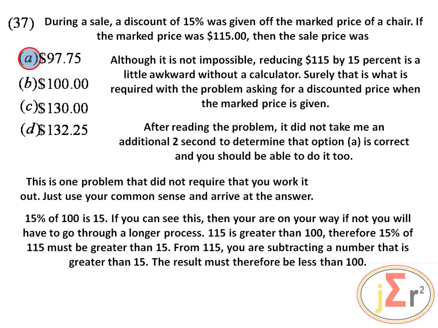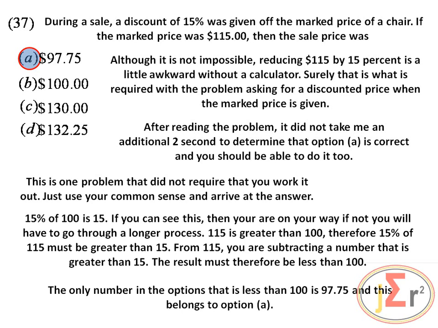Therefore, if we are reducing 115 by 15%, we will be taking away a larger number than 15 from 115. And if we take a larger number than 15 from 115, the result will be less than 100. So from 115, you are subtracting a number that is greater than 15. The result must be less than 100.